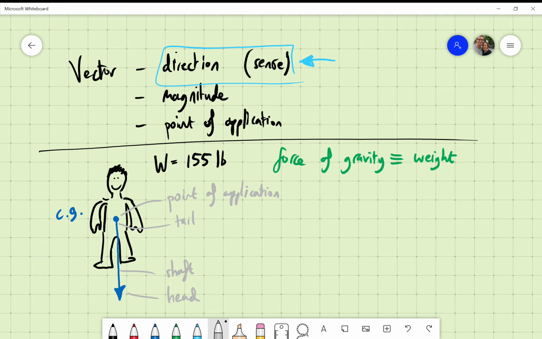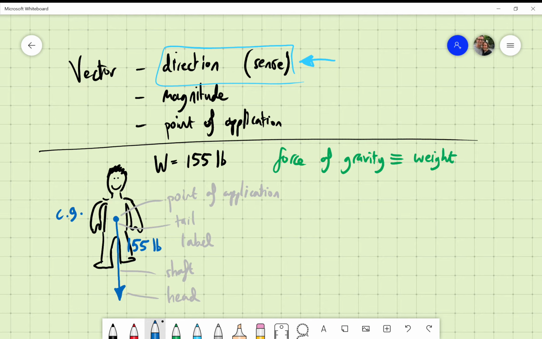Exactly like an actual arrow has, like the arrow that you fire in an archery lesson. You've got a tail, shaft, and a head. And the one thing I haven't shown yet is the label. This label is going to be right here, 155 pounds. Please don't leave off the units if it has units. The only time it won't is if it's a purely mathematical situation.